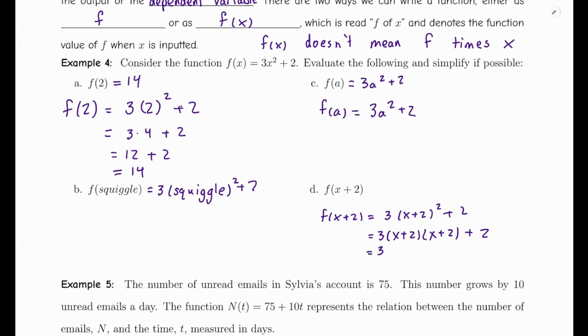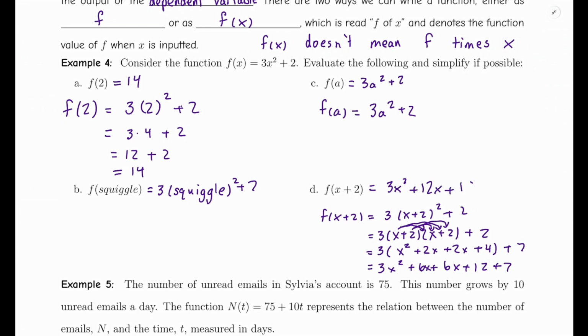So then this becomes 3 times x squared plus 2x plus 2x plus 4, plus 2. Because remember, when you distribute, you have to distribute everything. So that's why I'm getting 4 terms here. And then this becomes 3x squared plus 6x plus 6x plus 12 plus 7. And after combining like terms, we get 3x squared plus 12x plus 19.